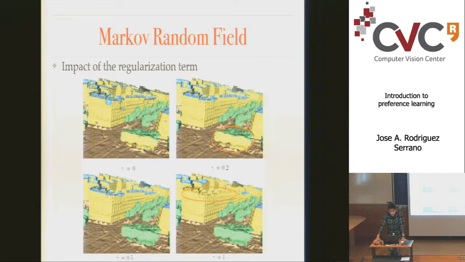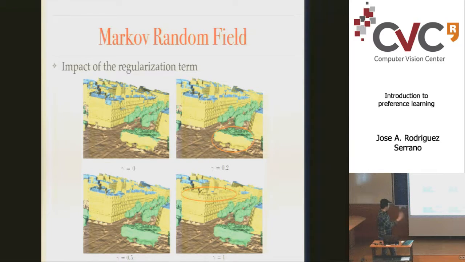The other issue in MRF is that you should find a balance between the data term and the smoothness term. Well, in any kind of energy minimization, we have that issue. Gamma is showing the smoothness term.